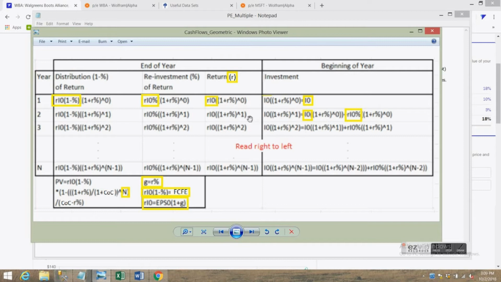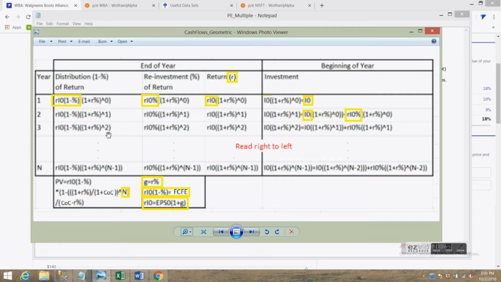All right, so to continue on, here we are in the second year, so now you get a return. A % of that return is reinvested, and then 1 minus that is distributed out to the stockholders. And from then on, you can see the pattern developing: from year 2 to N, each year you're factoring in an additional component of growth, an exponent of growth.